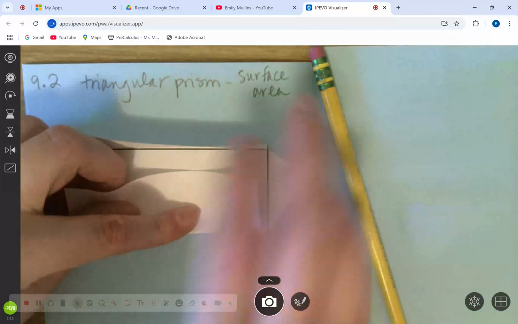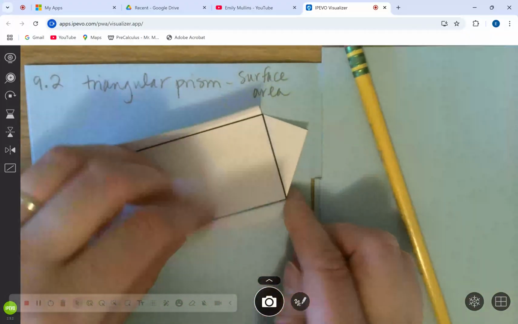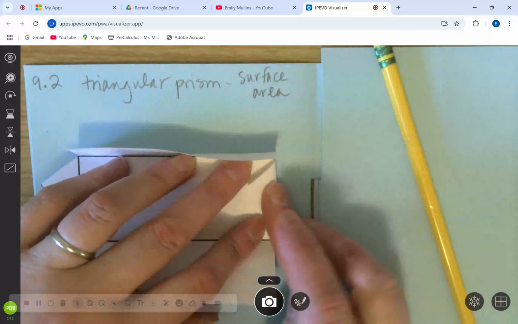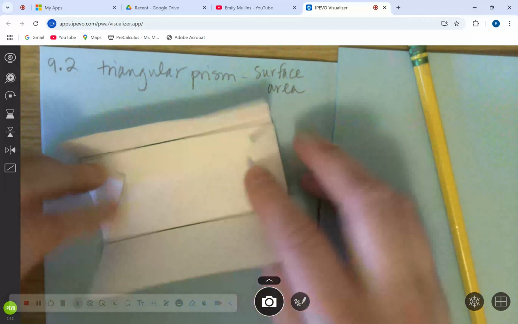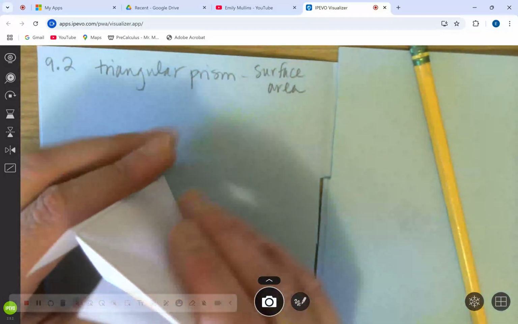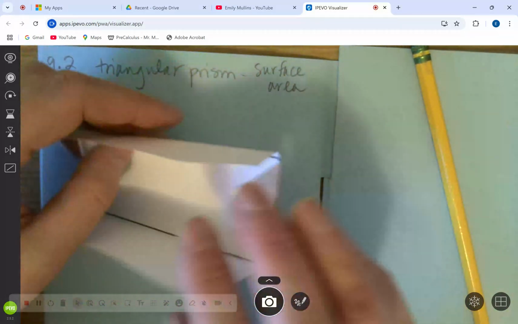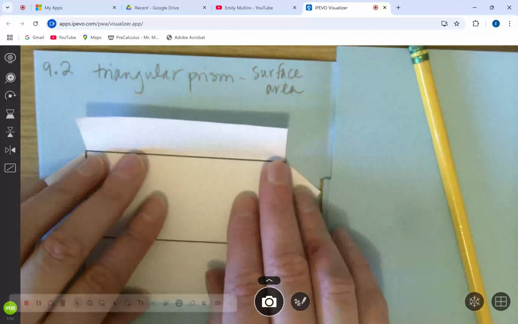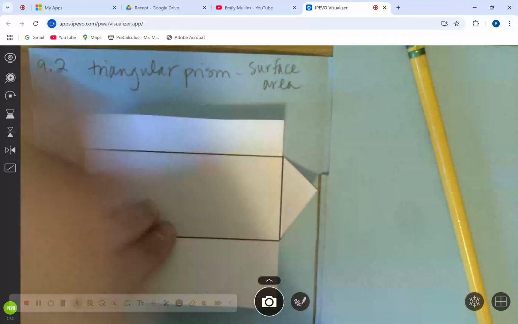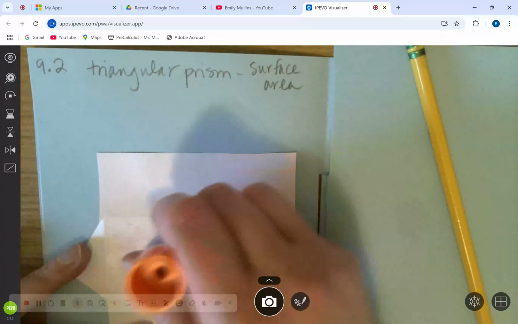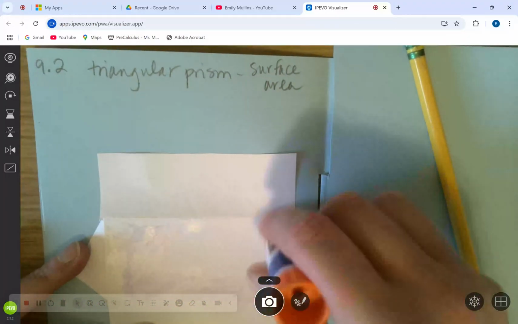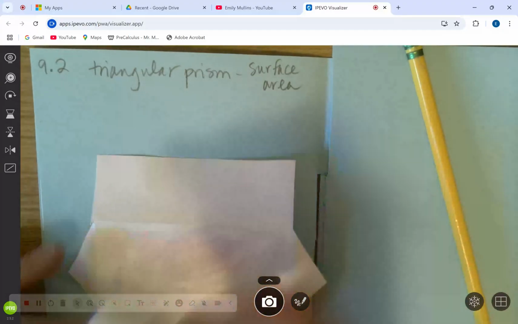And really, for a triangular prism, we think about the triangles as being the bases. It's almost like this should be standing on its side with the triangle on the top and bottom. But that's just not really feasible for what we're trying to do here. So we're going to glue it on one side again so we can fold it up. And then we're going to figure out its surface area. And this one's a lot trickier because we've got some triangles involved.